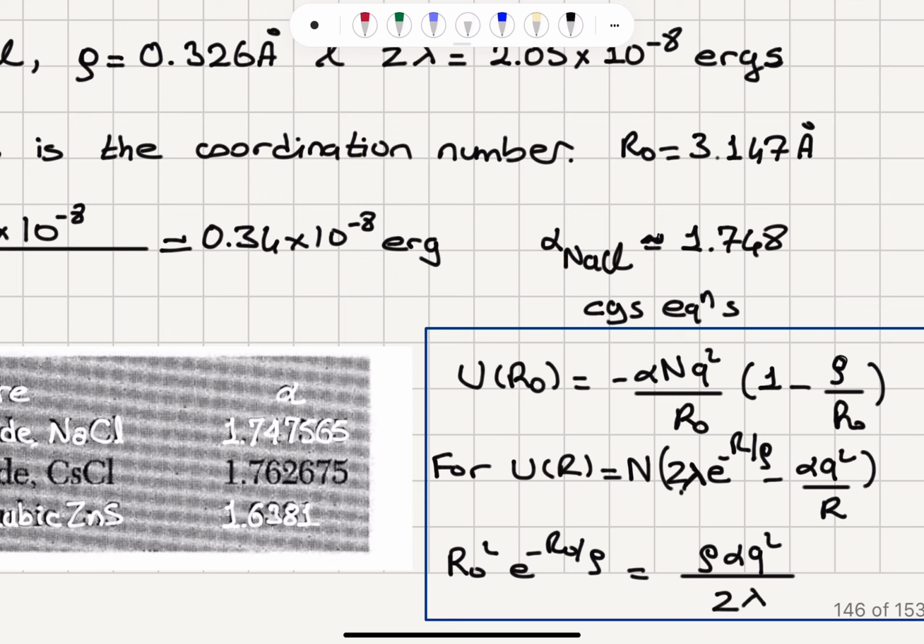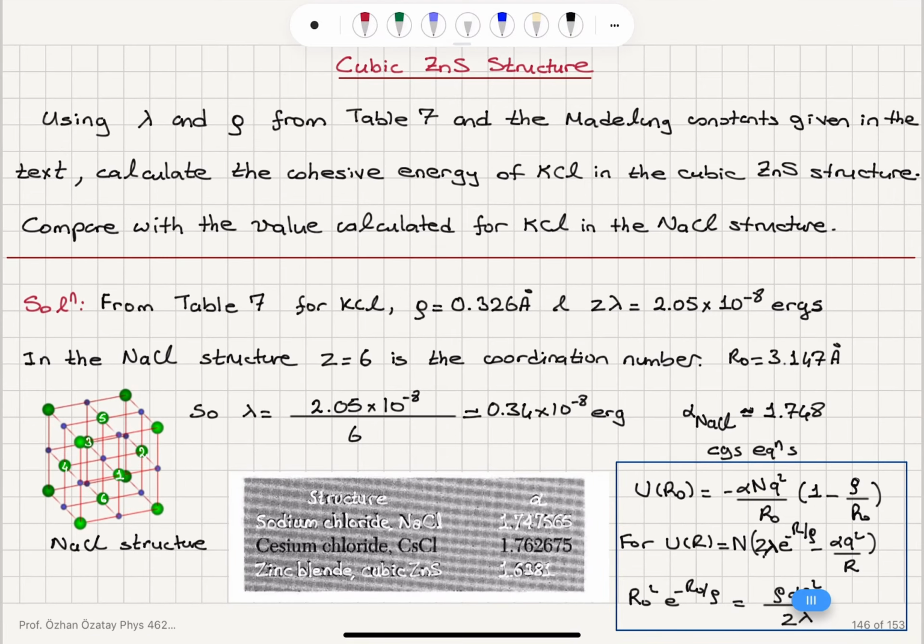The cohesive energy is minus alpha capital N Q square over R0, 1 minus rho over R0, where capital N is the number of molecules and Z is our coordination number. Lambda and rho are basically the two fit parameters here.